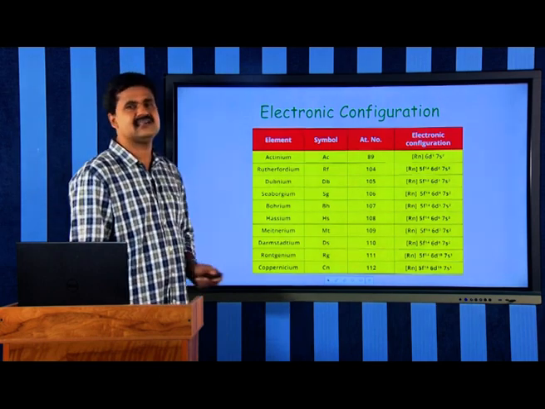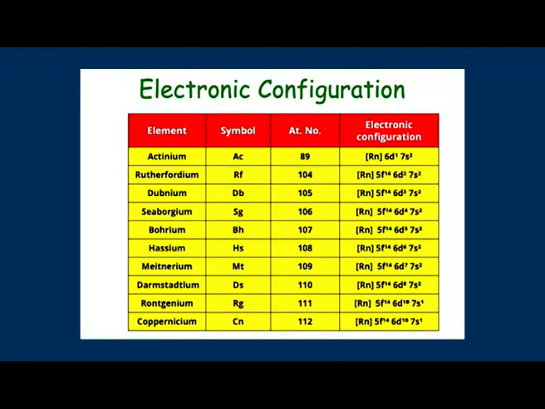And this chart designates the electronic configuration of all the elements of the last transition series, or fourth transition series: actinium, rutherfordium, dubnium, seaborgium, bohrium, hassium, meitnerium, darmstadtium, roentgenium and copernicium.